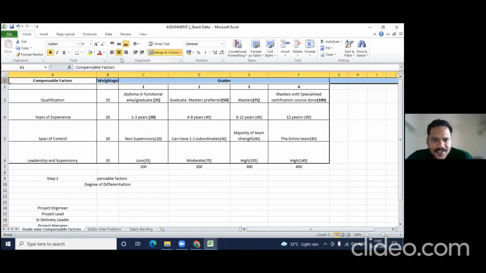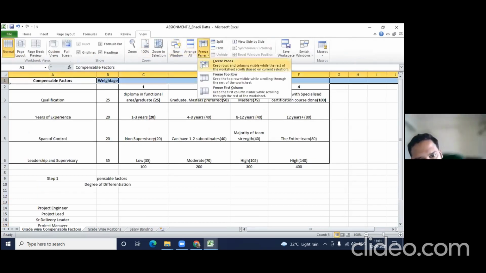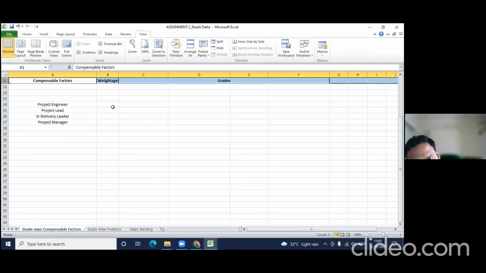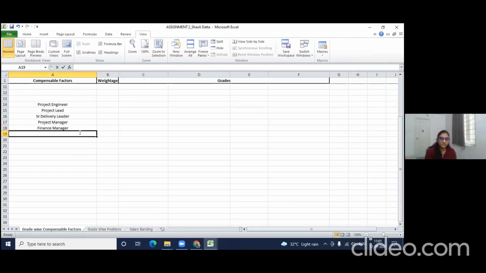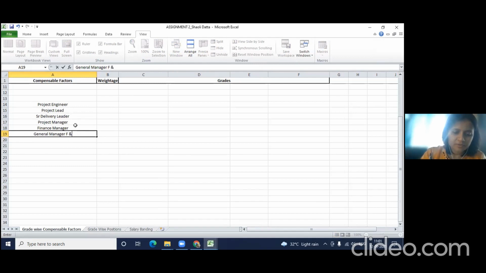Finance manager, CA. General manager, F&A.